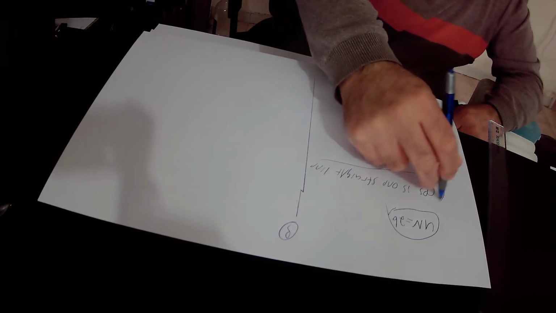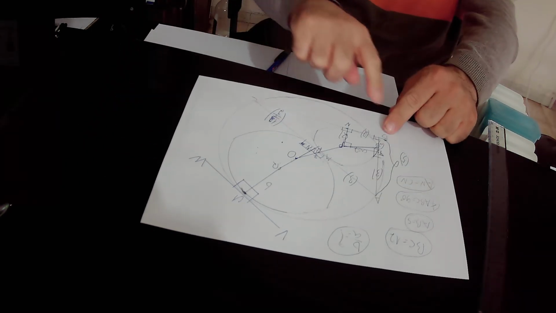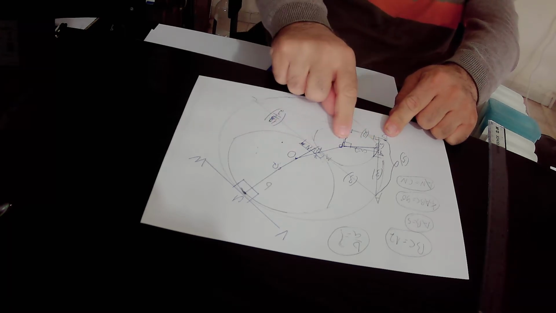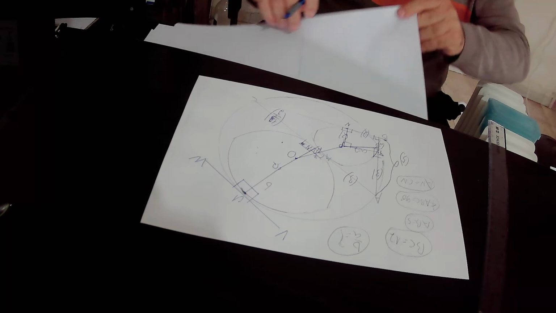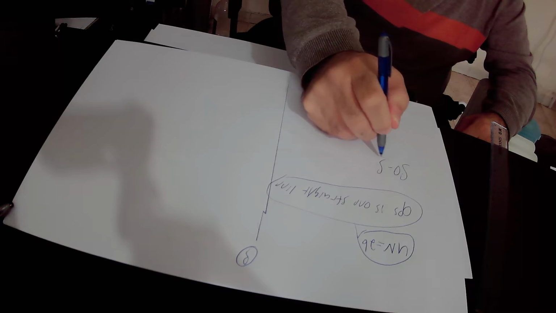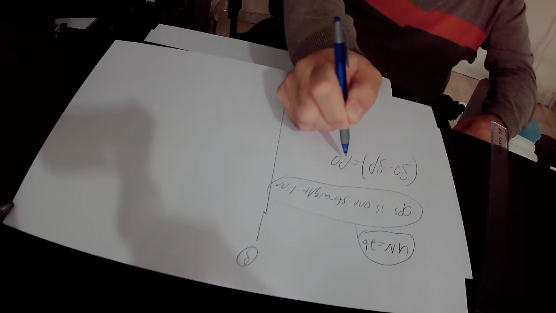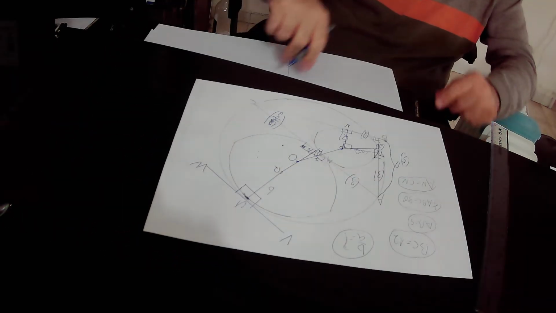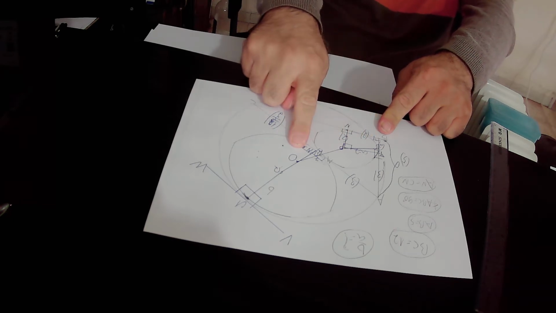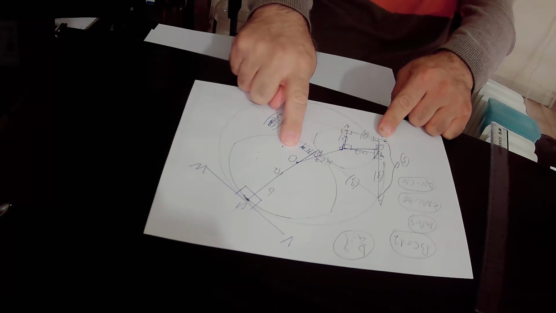So if OPS is one straight line, it means that SO minus SP is PO. Again, SO minus SP is PO. Write it down: SO minus SP equals PO. You should remember that if SPO is one straight line, then SO is also a straight line.